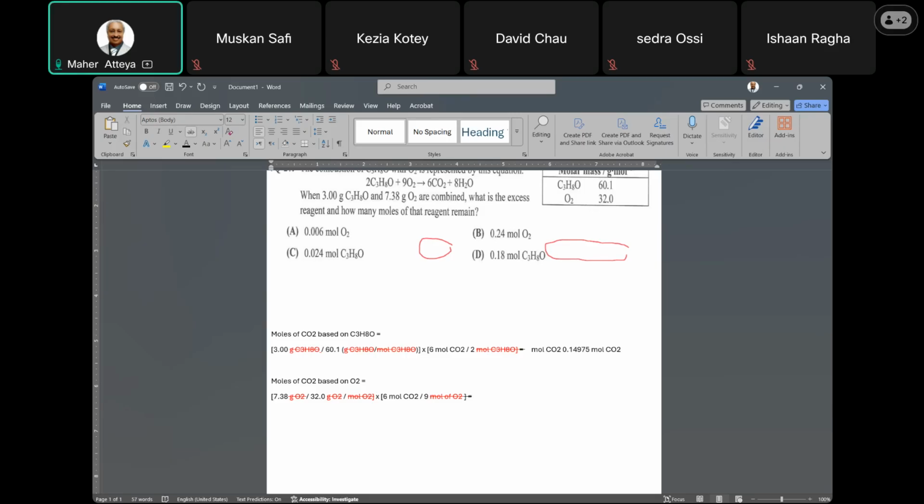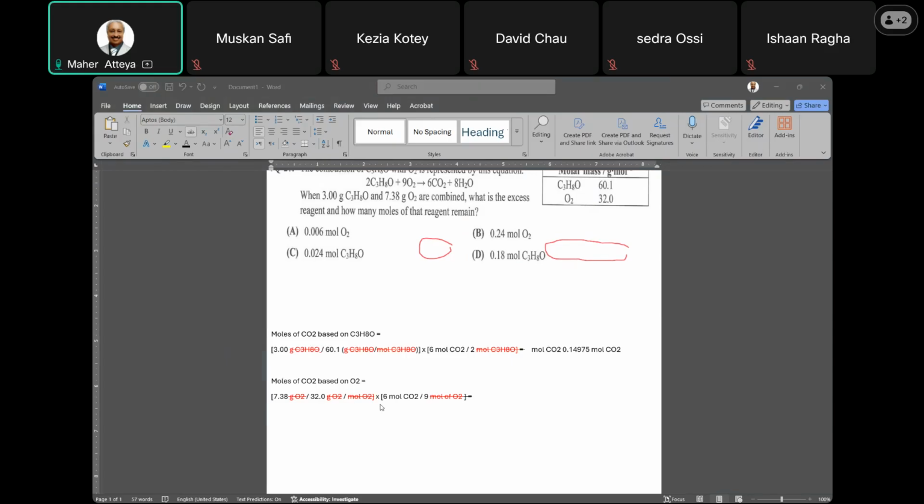Correct me if I have it wrong. Yes, the calculator. So we have 7.38 grams of O2 divided by its molar mass, 32.0.